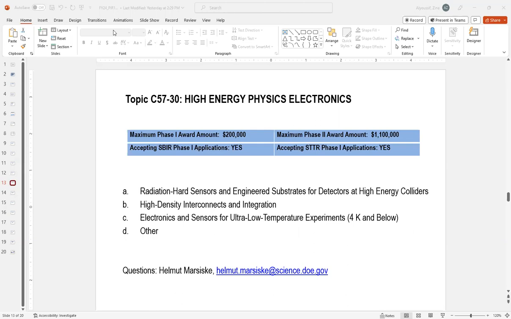So we're looking for new technologies to make very high density interconnects with pitch of 25 microns or less. We're looking at all kinds of ways to integrate. That is 3D integration, maybe with vias, or we're open to all kinds of ideas here.